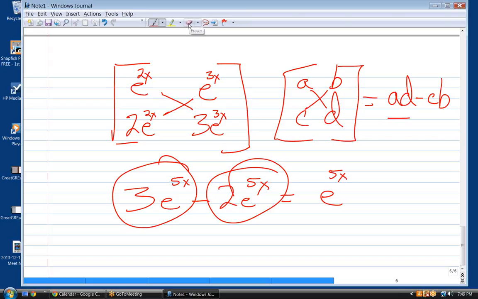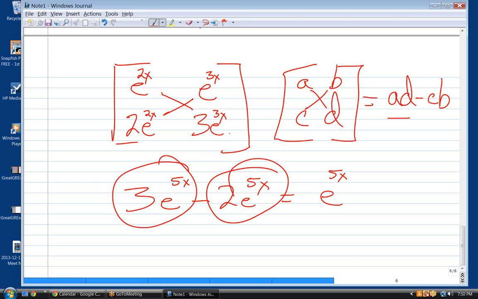So it's actually a plus d minus c plus d. What's that? In the equation, it's a plus b minus c plus d. No, this is multiplied. So to find the determinant, it's a times d minus c times b.